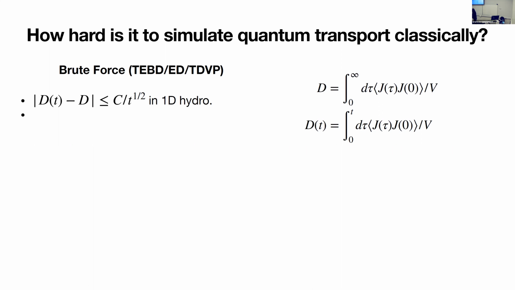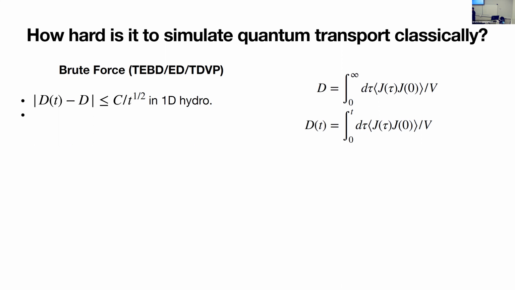It turns out that there are some universal statements that one can make about how this finite time estimate approaches D. In fact, it approaches it like a power law. The precise power depends on how many conserved quantities you have and what dimension you're in. But in a one-dimensional system with charge and energy conservation, it approaches like some order one constant over square root t.